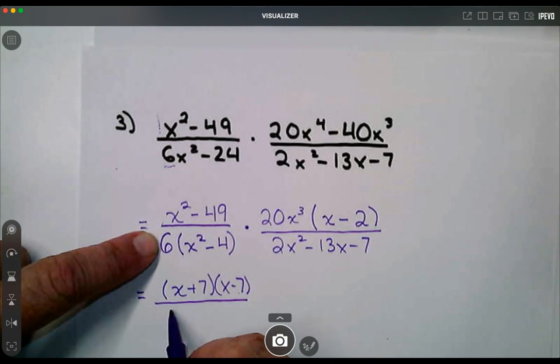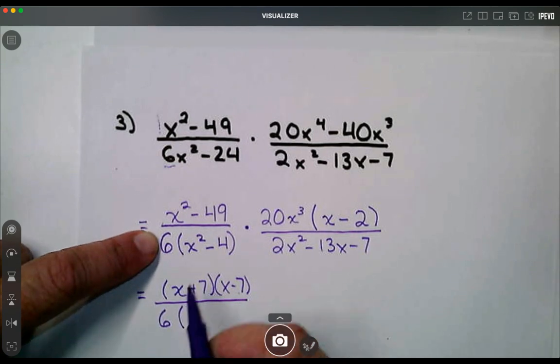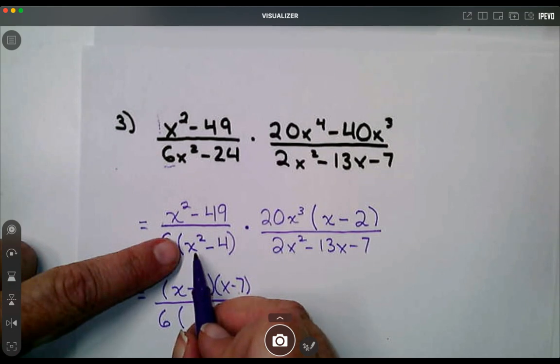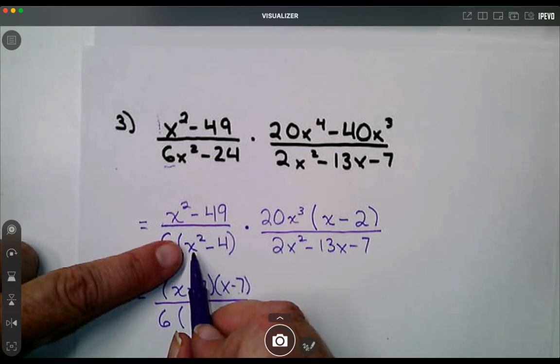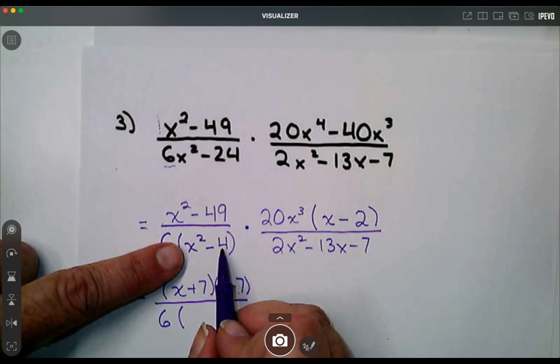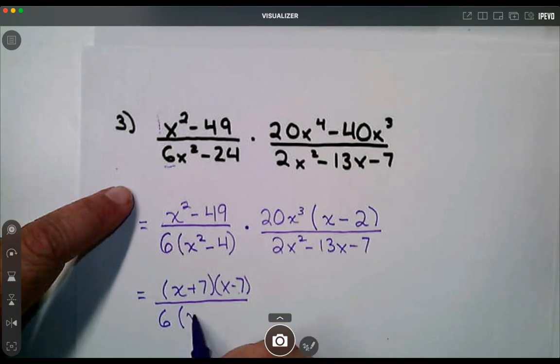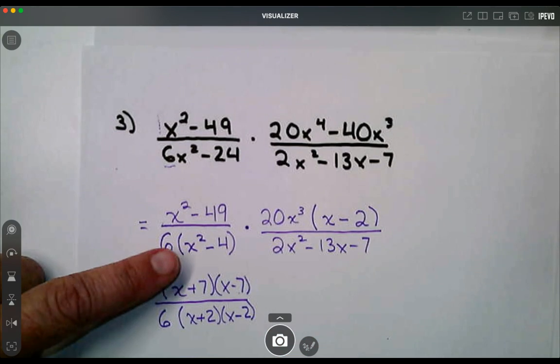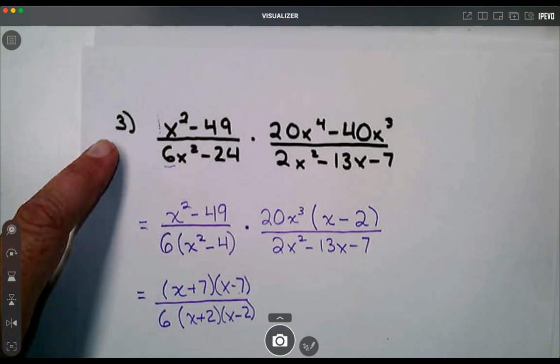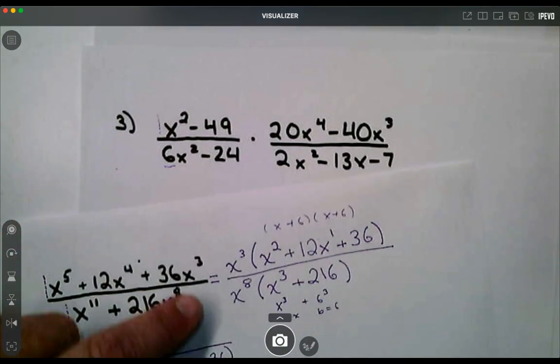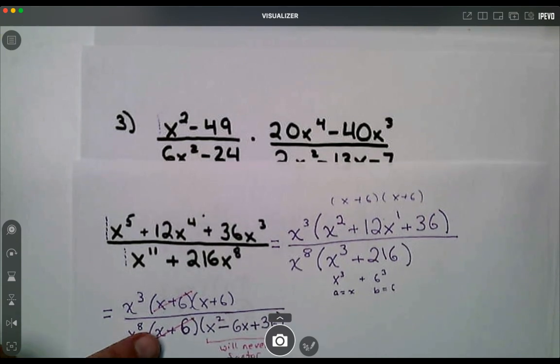I'm going to keep this 6. This is also difference of squares. Look, x times x, 2 times 2. So this is x plus 2, x minus 2. Also notice when you're doing your A's and B's, the A and B part is always smaller.